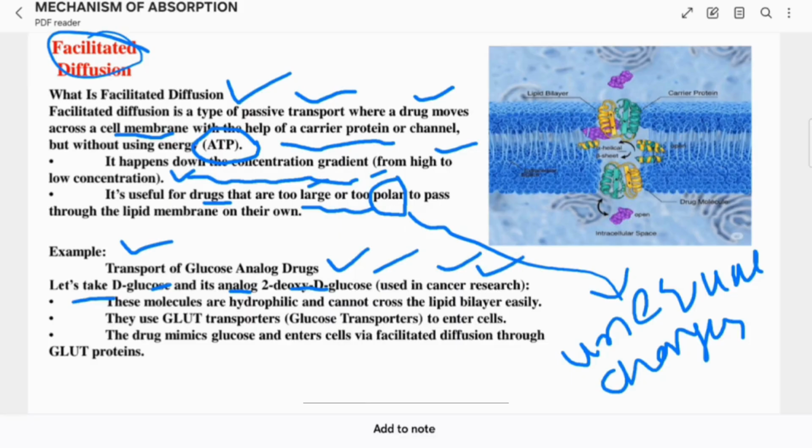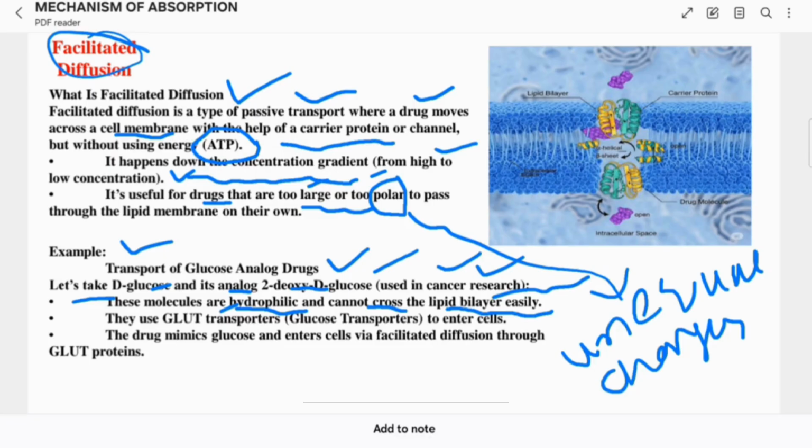So these molecules are hydrophilic in nature, means they are water loving, and they cannot cross the lipid bilayer, because to pass the lipid bilayer it should be lipophilic in nature, that is lipid loving, means lipid soluble, but it is hydrophilic in nature. So it cannot pass.